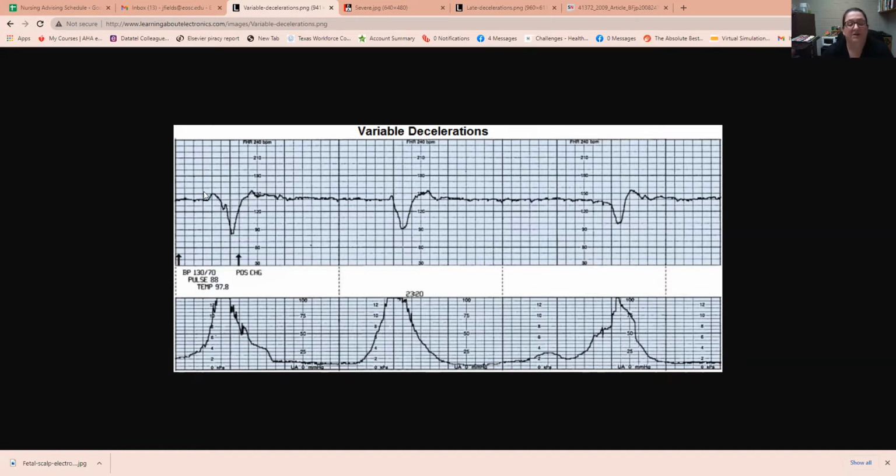So no accels noted, variable decels down to 80 with shoulders with rapid recovery. Okay, so this would be a category 2 strip because we have recurrent variable decels, minimal to moderate variability. Okay, let's look at another strip.